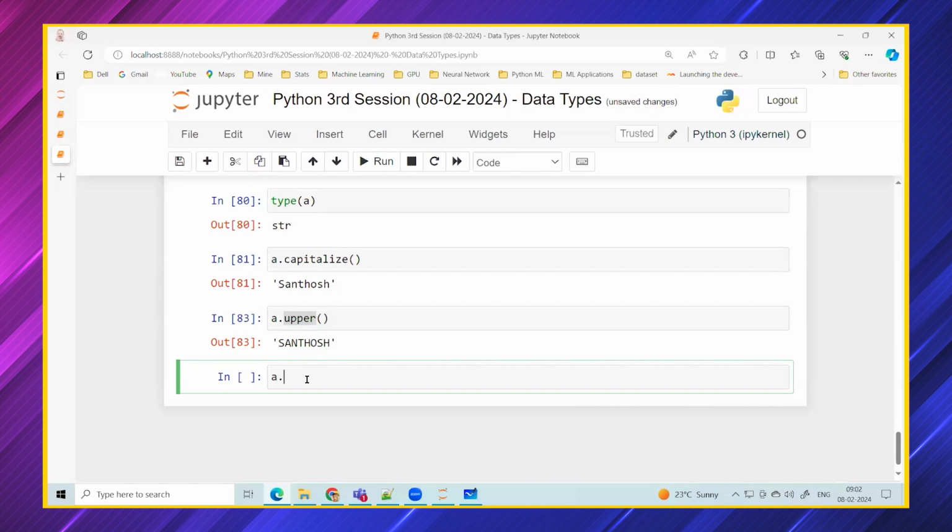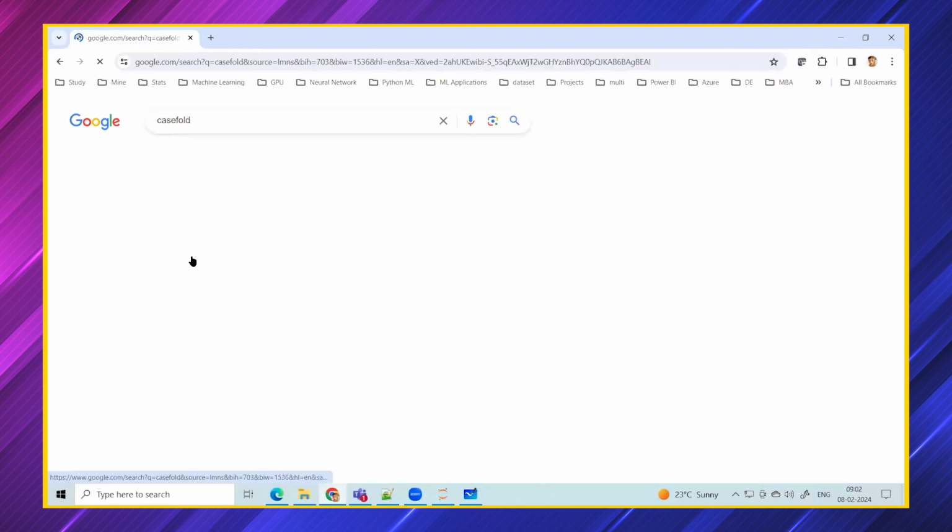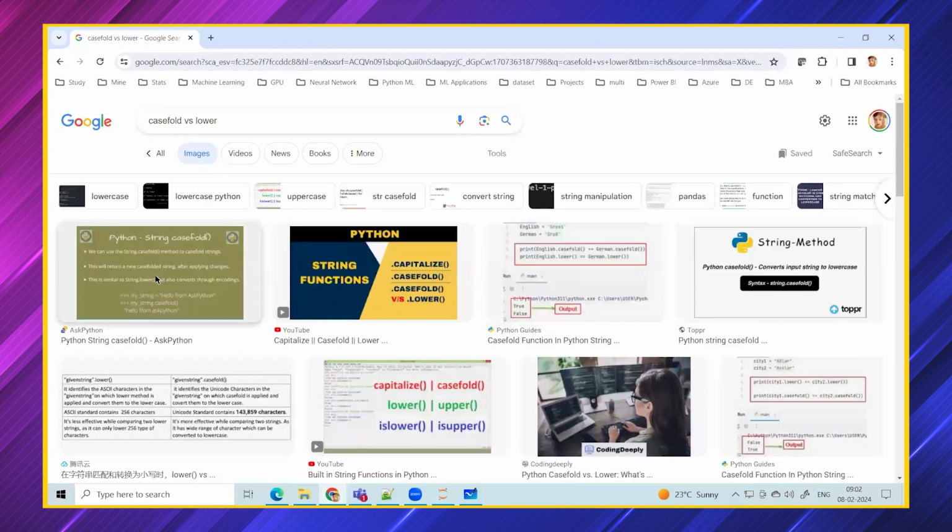Now, there is something called casefold. What is casefold? Not camel case, casefold. What do you mean by casefold? Let's see an example.